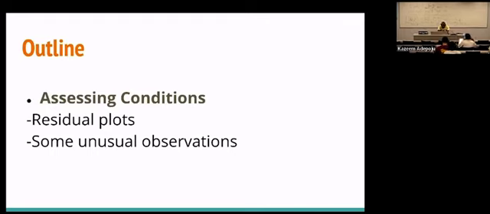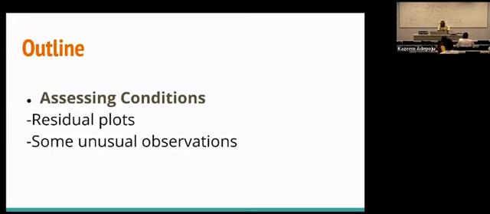If we want to assess conditions and test assumptions, we use what I call residual plots. I'm going to walk you through how to use residual plots to do that. Then I'm also going to walk you through some unusual observations.